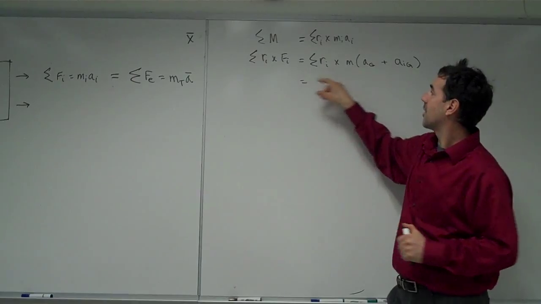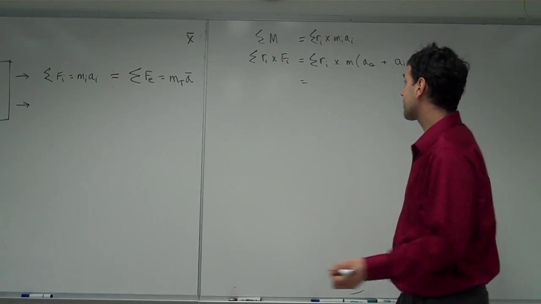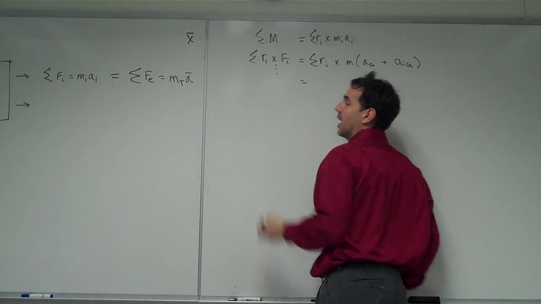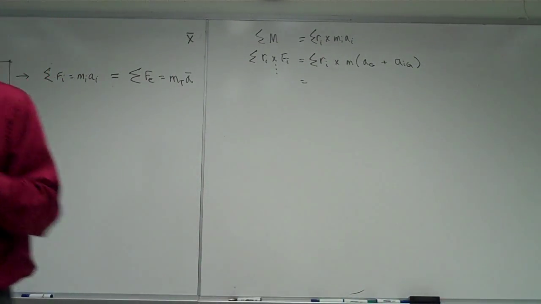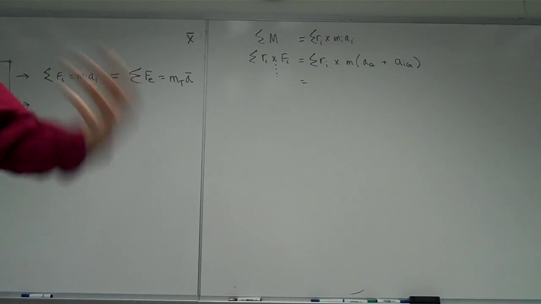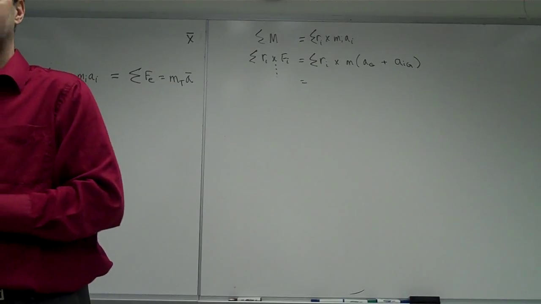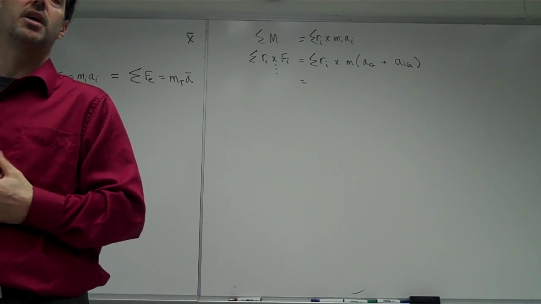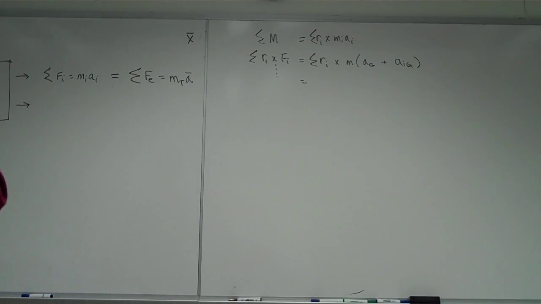After I've added them all together, my moments equals r cross f. You may not be surprised, like we did last class, to take that f and write every force as a combination of an external force plus internal forces. The forces internal to an object will all cancel out. So for example, if James is one of the particles inside the object, there's a force acting on James due to Vaughn. There's also a force acting on James due to Aaron.